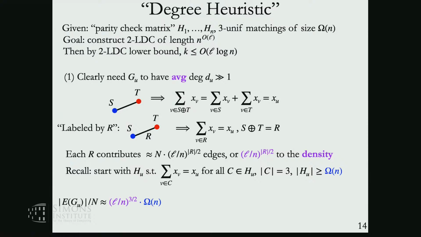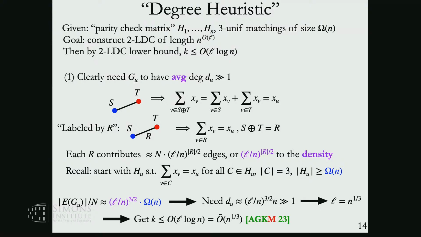The number of edges is going to be like (L over n) to the 3/2 times omega n, because that's the number of check equations that I have. And then this tells me that I need the average degree, (L over n) to the 3/2 times n, to be at least 1. And so if I set L to be n to the 1/3, this is going to be at least 1.